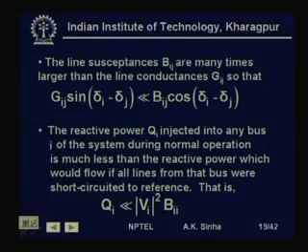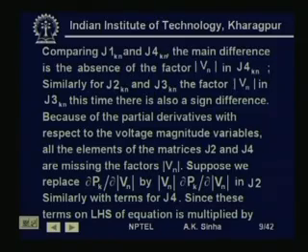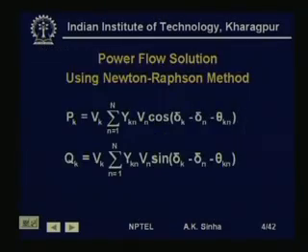In fact, this we can also see from this relationship, where Q_k is given as V_k into Y_kn and V_n sin(delta_k minus delta_n minus theta_kn). Now, this Y_kn into sin terms will give me the B terms.